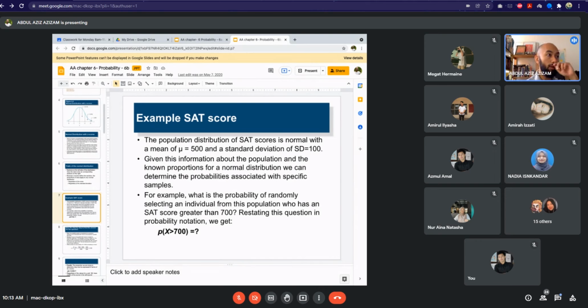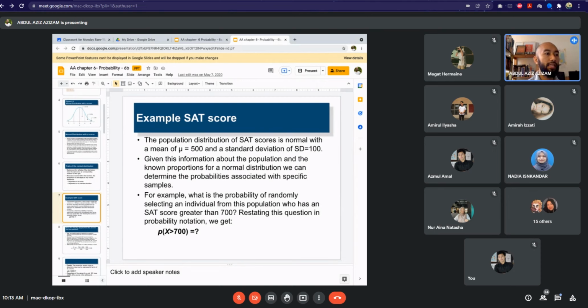Distribution of SAT scores is normal with a mean of 500 and a standard deviation of 100. Given the information about the population and the known population proportions for a normal distribution, we can determine the probability associated with a specific sample. For example, what is the probability of randomly selecting an individual from this population who has a SAT score greater than 700?